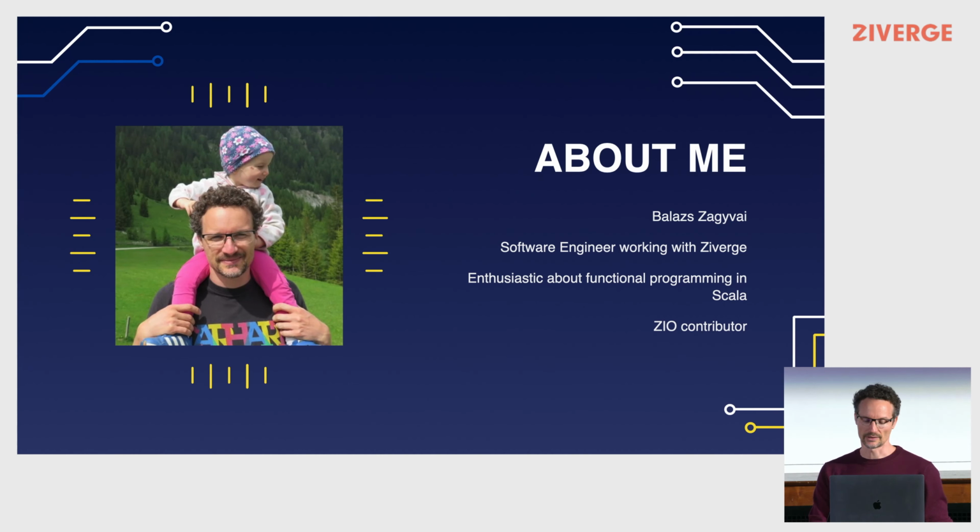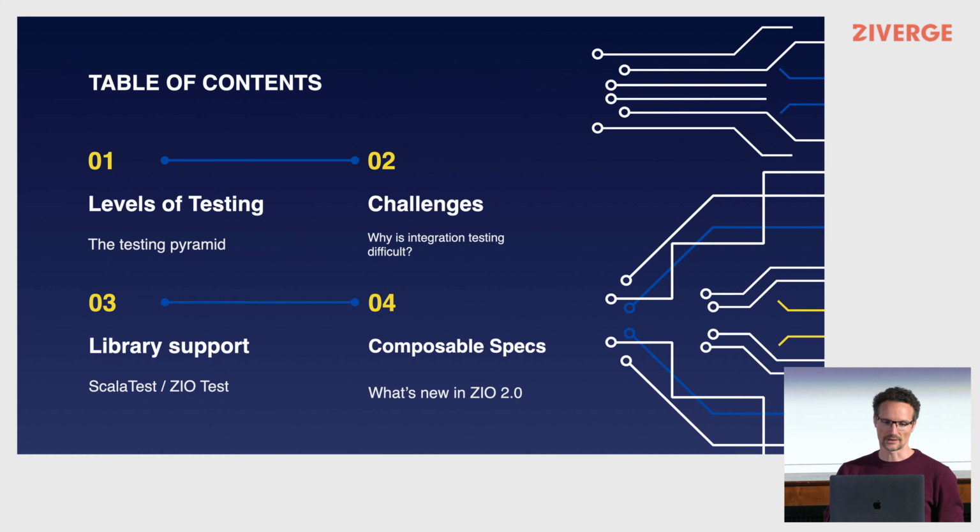I have had a few small contributions to ZIO, and one of them was about a way to improve integration testing. But let's not jump ahead so much. This is what we are going to try to cover in the next 25 minutes. First, some background in testing in general.